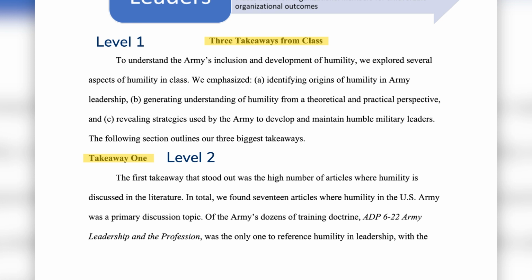For each section, we space down, indent, and introduce the new paragraph using something along the lines of, the first takeaway I had was, and then for the remainder of that paragraph, we should be working hard to come up with another 3 or 4 or 5 sentences that expand on this idea.